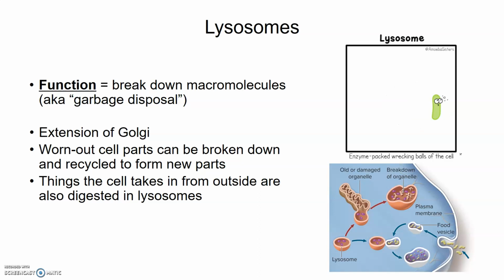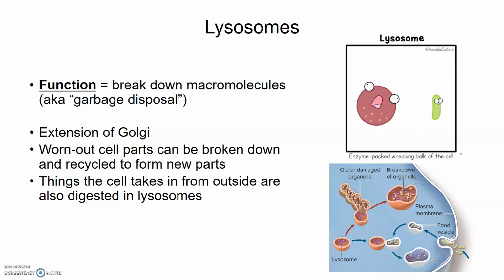And they can also take in stuff from the outside that's like a big molecule and digest it into smaller pieces. And so when we talked about macromolecules, we talked about polymers and monomers. And what lysosomes will really do is take a macromolecule or a polymer and break it down into its subunits or its monomers. And then those monomers can be reformed and reused by the cell to do something else, right?